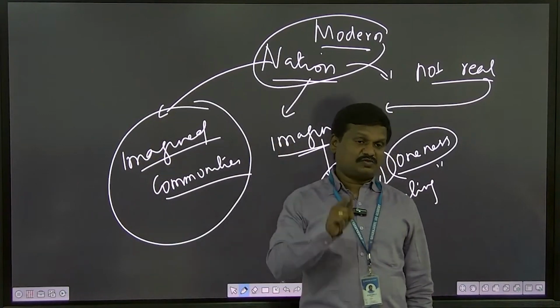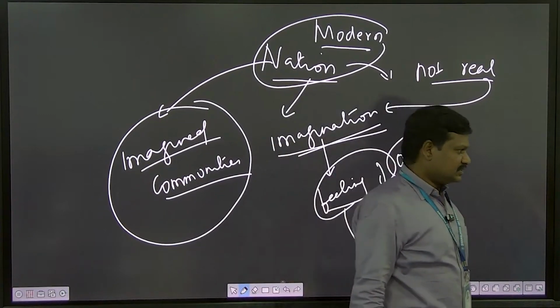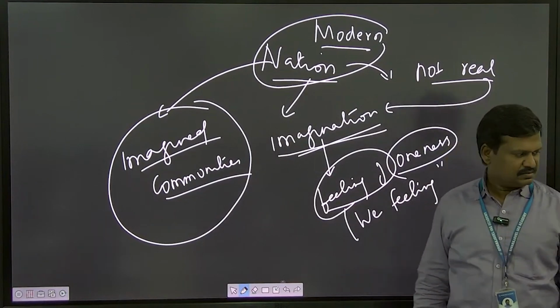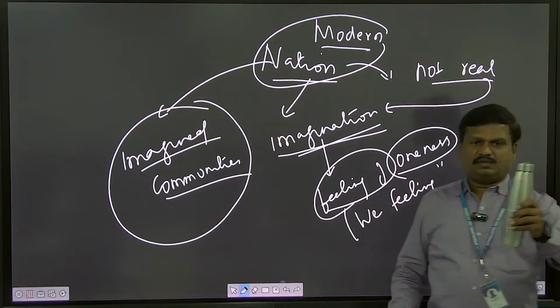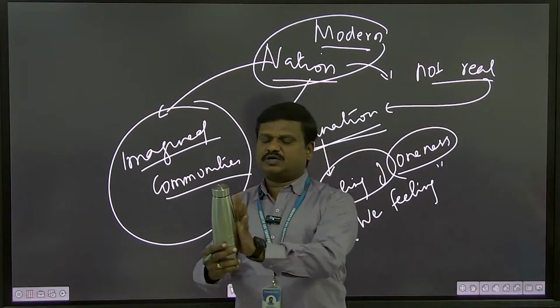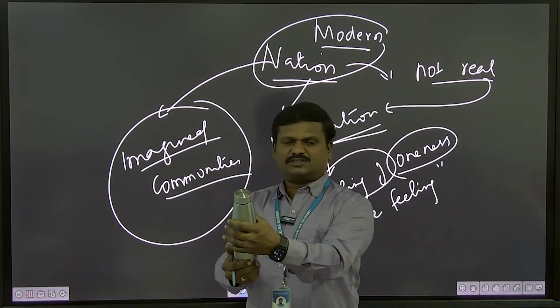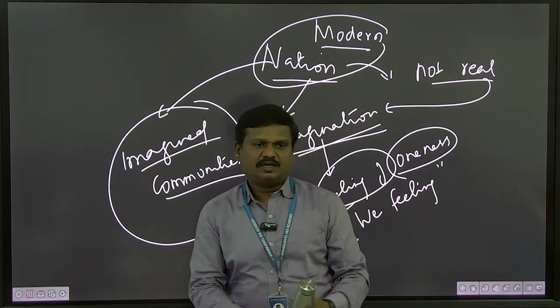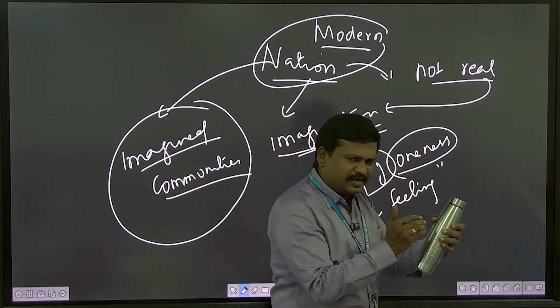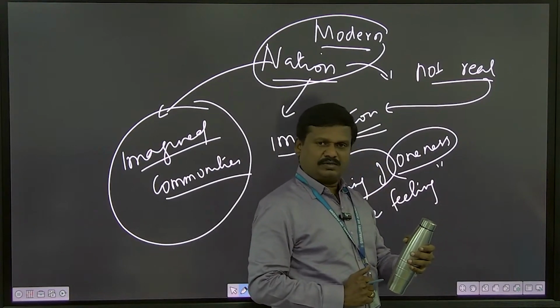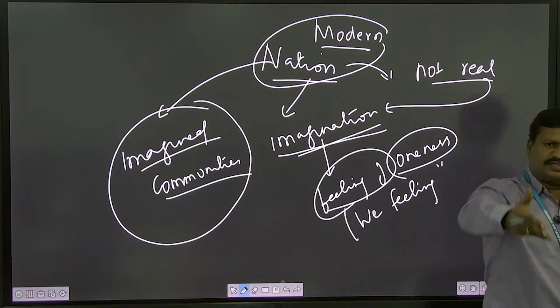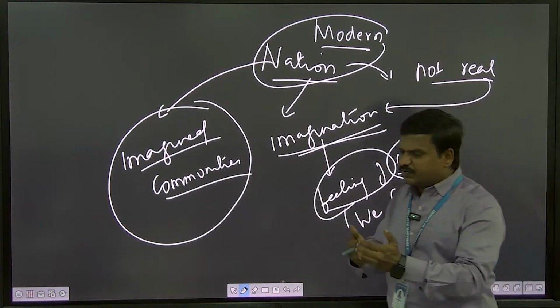And here is where you should understand the politics. Since it is imagination, it can be manipulated. This is a water bottle. This is a solid thing. It cannot be manipulated because it has its own structure, rigid structure, steel structure. But idea is not as solid like this bottle. Idea is not like a rock solid thing. Idea is a fluid thing. So something which is fluid, I can change.